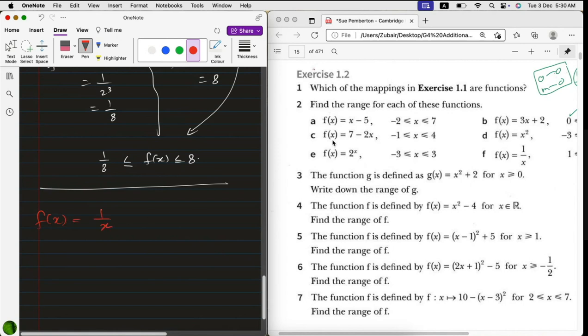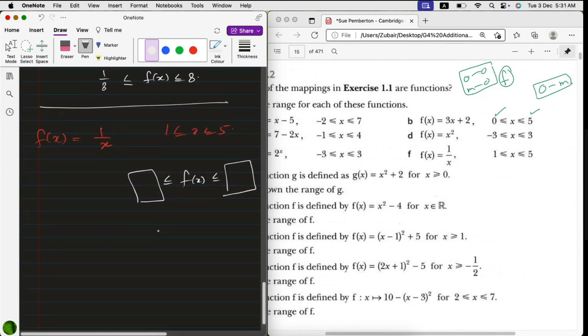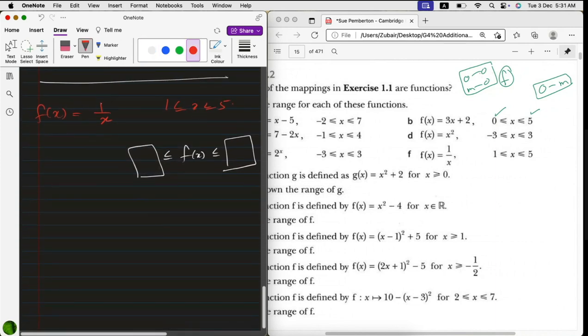One over x. Try this. So first it's 1 over 1, and then it's 1 over 5.